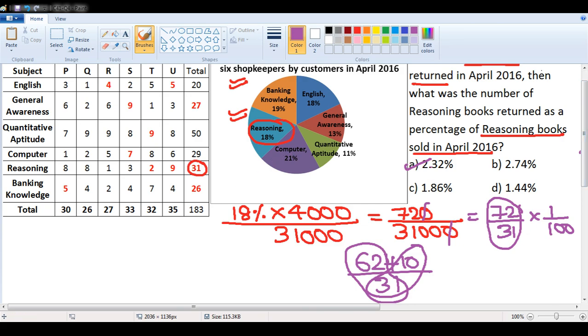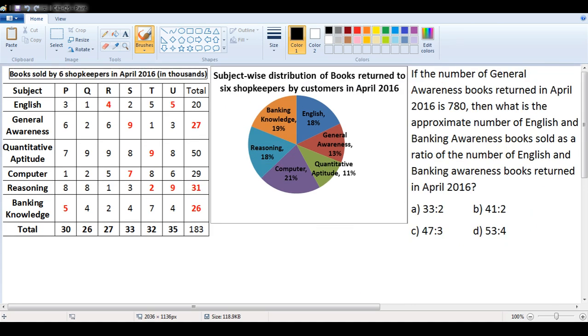Last question of the caselet. Fifth question. If the number of general awareness books returned in April 2016 is 780, then what is the approximate number of English and banking awareness books sold as a ratio of number of English and banking awareness books returned in 2016?